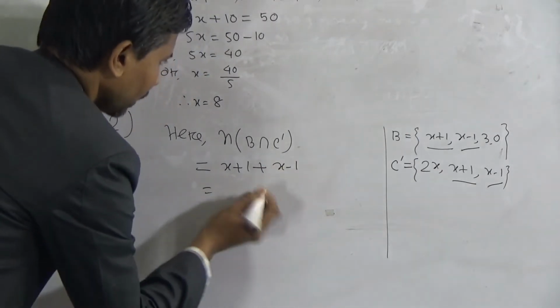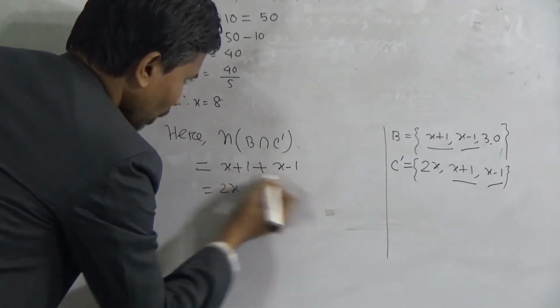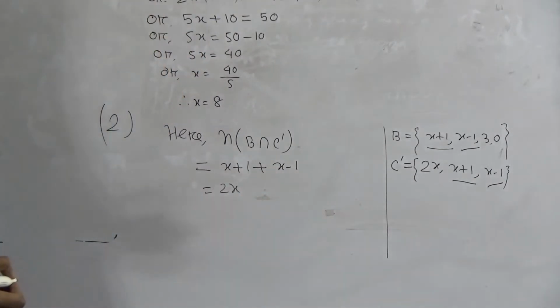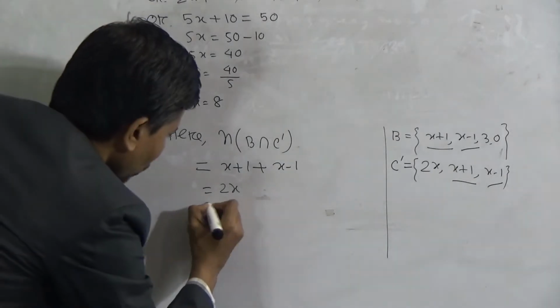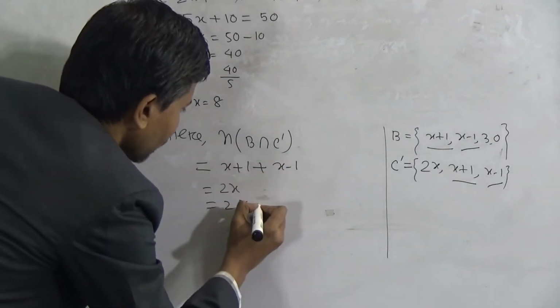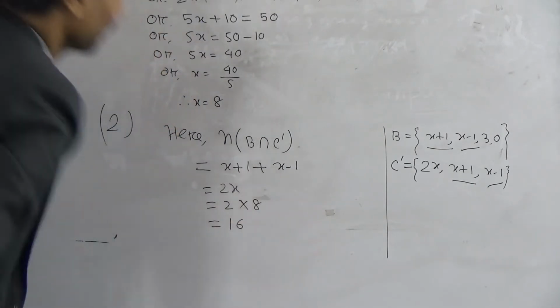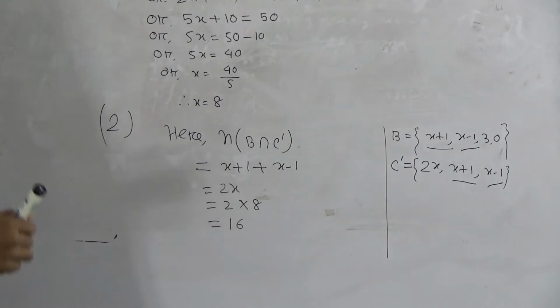This is equal to x plus x, so 2x; plus 1 minus 1 vanish. Now put the value of x, x equal to 8. Right here it's 16. And this is the answer.